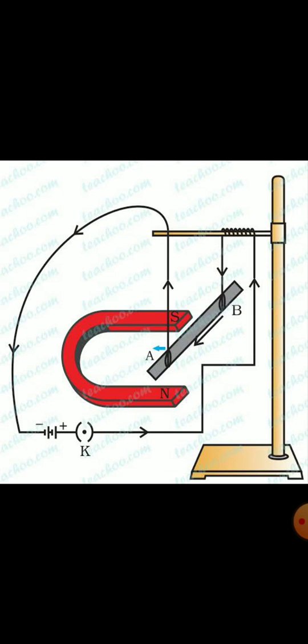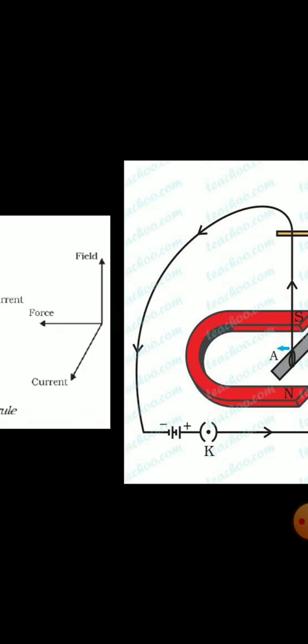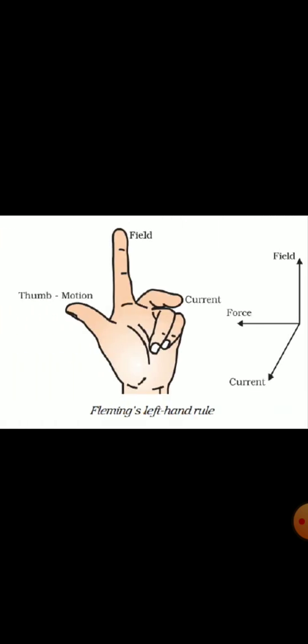The direction of current and direction of magnetic field are perpendicular to each other, and they found that the force is perpendicular to both of them. So keeping these three things in mind, we can give an illustration for the direction by using Fleming's left hand rule.